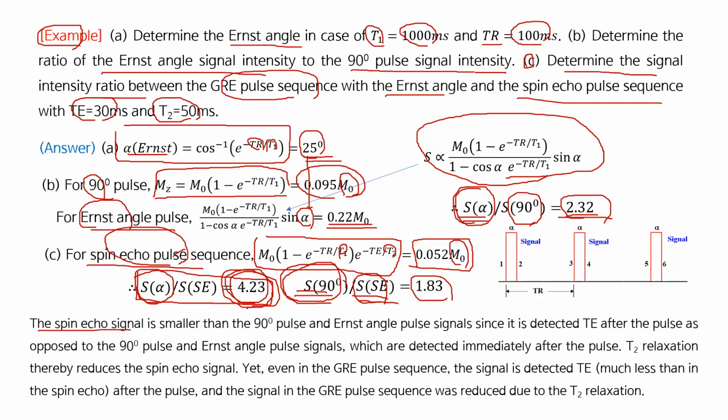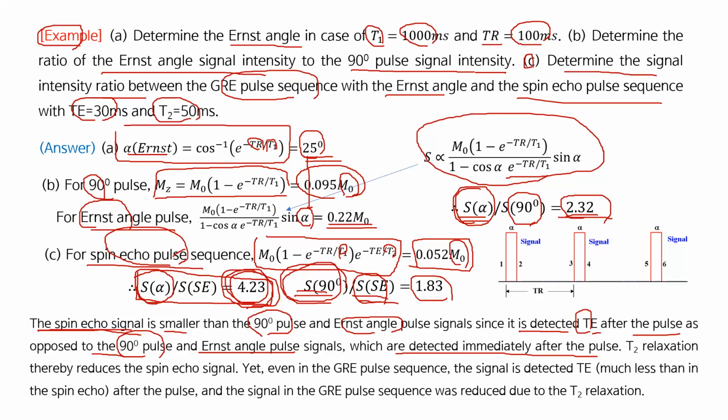The spin echo pulse sequence uses a TE that is much larger than that of the GRE pulse sequence. So the spin echo signal is smaller than the 90-degree pulse and Ernst angle pulse signals, since it is detected TE after the pulse, as opposed to the 90-degree pulse and Ernst pulse signals, which are detected immediately after the pulse.